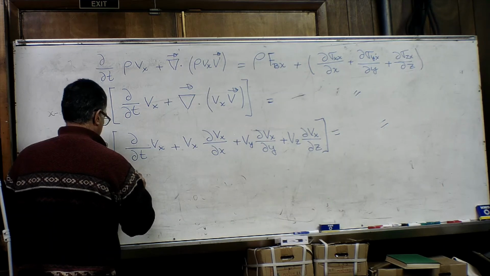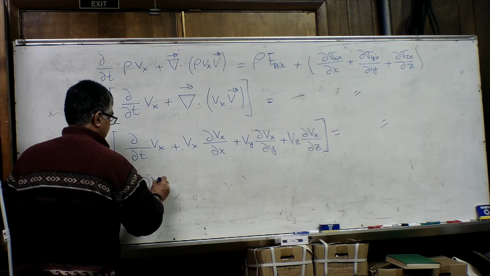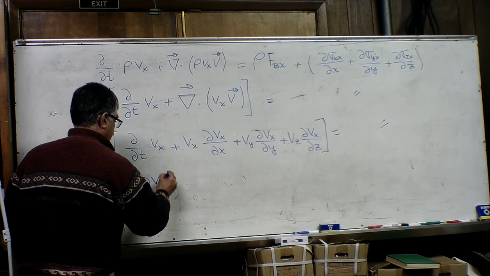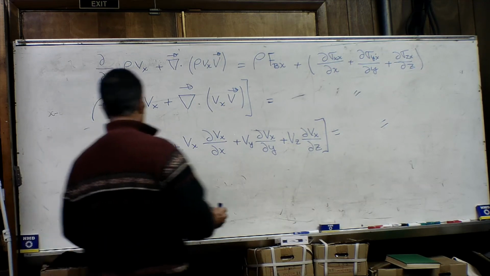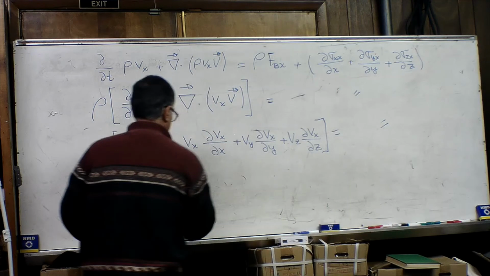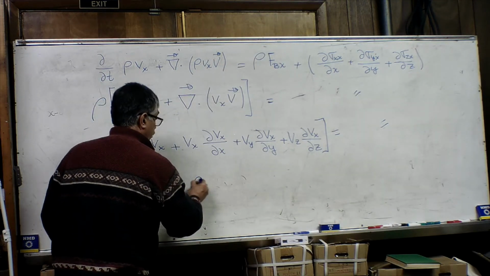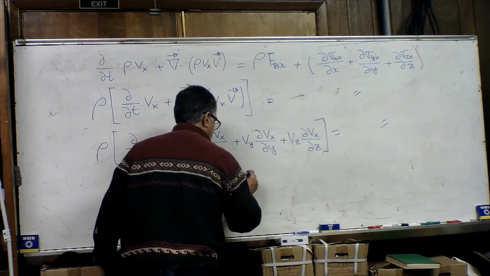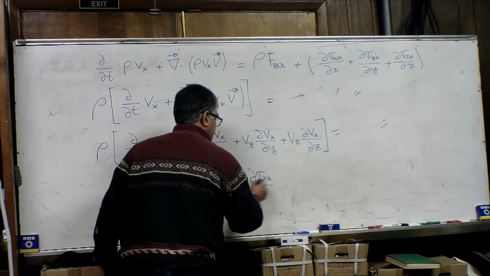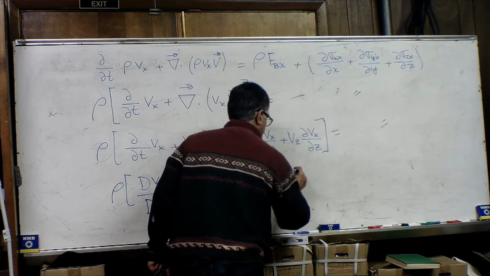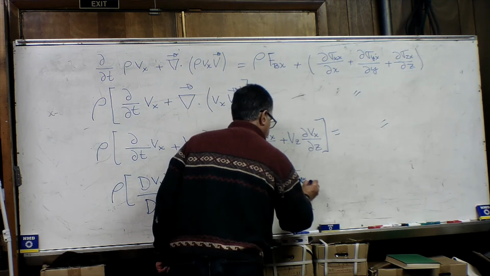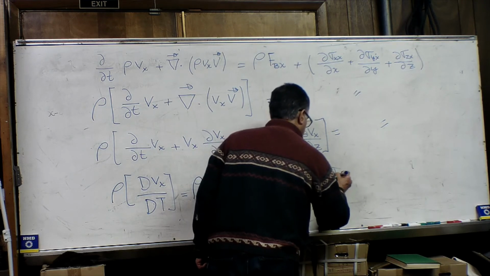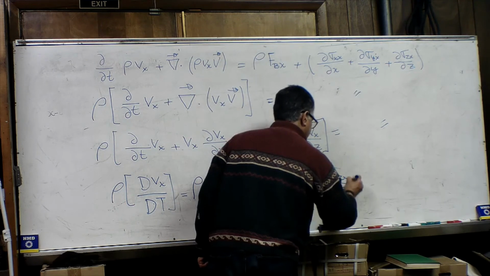rho dVx/dt is equal to the right side, equal to rho times the body forces in x direction plus partial derivative of sigma xx with respect to x plus partial derivative of sigma yx with respect to y plus partial derivative of sigma zx with respect to z.